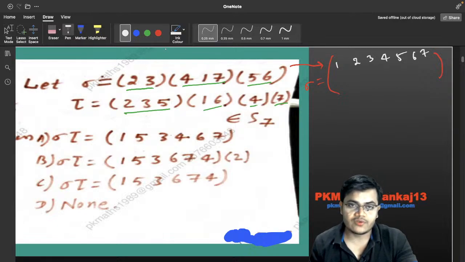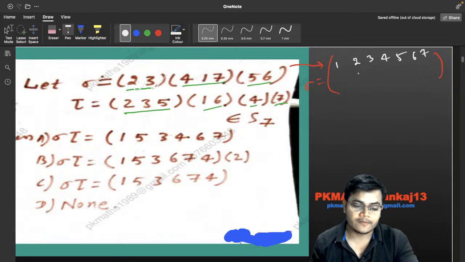Now we follow sigma. 2 is going to 3 and 3 is going to 2, because the cycle is closed at 2 and 3.